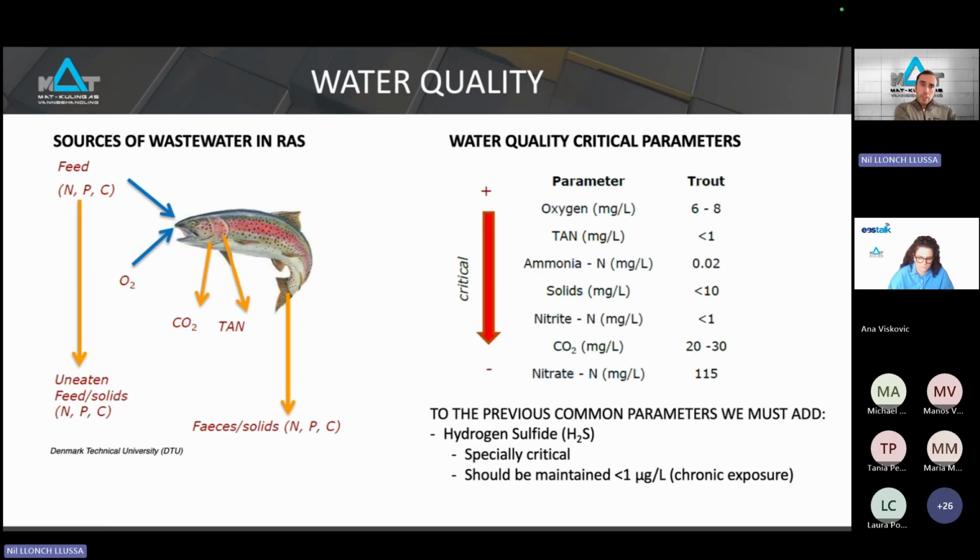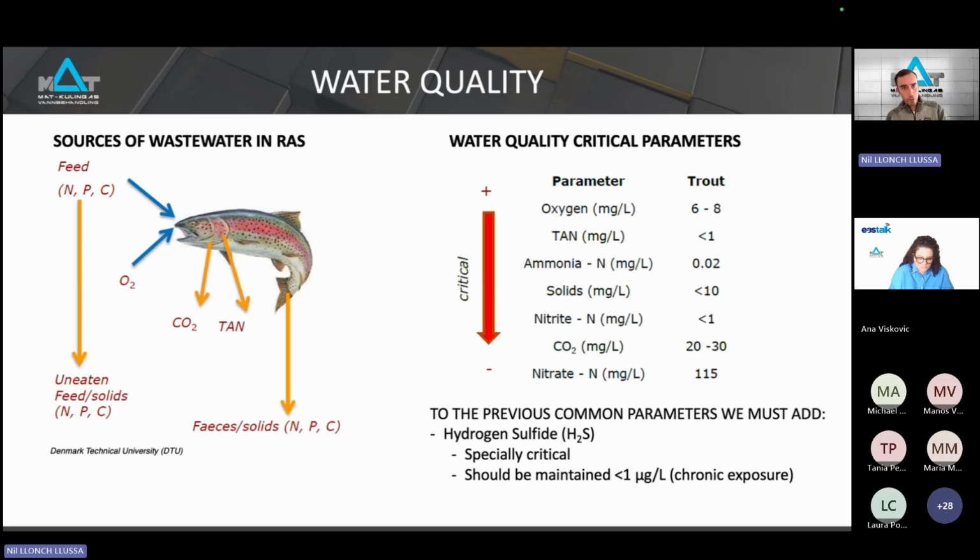This is a picture that most of you probably already know, but I just want to contextualize where the waste in recirculating aquaculture systems comes from. This is basically the feed that we put into the system. You want to reduce the feed waste as much as you can, so uneaten pellets, in order to be efficient in feed usage, but also because uneaten feed contributes the most to waste compounds.